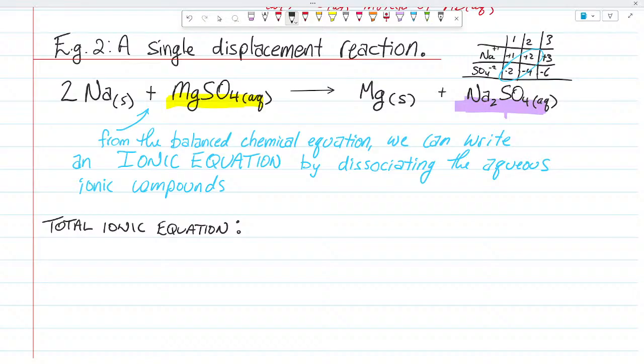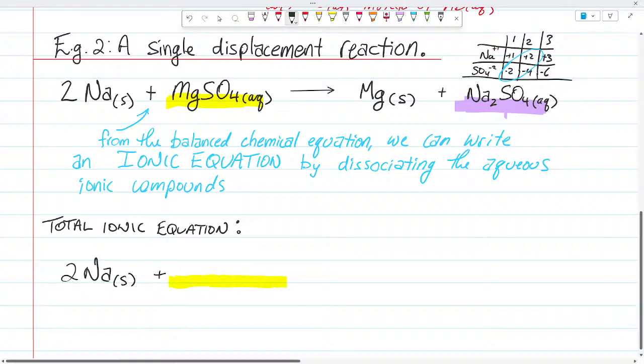So 2Na(s), there's nothing to change there because these are not ions, right? Those are atoms, they're solid. But when we go to write MgSO4, what do we have here? MgSO4 is no longer going to be written as MgSO4 because when it dissociates, what do we actually get?